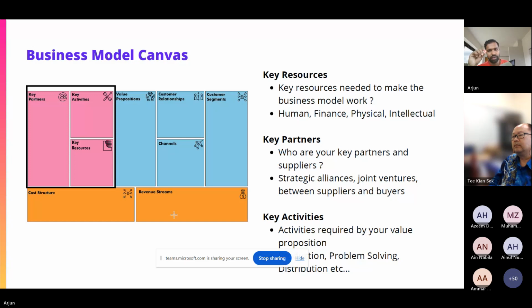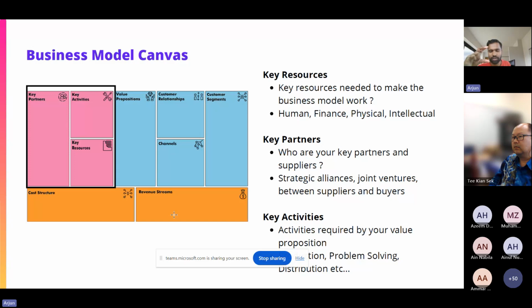See, taking the Apple iPhone for example, Apple does not manufacture their phones. Apple only designs the phones. All of the phones are manufactured by other contract electronics manufacturers like Foxconn, where I am also working. So Apple's key activity is not manufacturing. Apple's key activity is just designing the product.